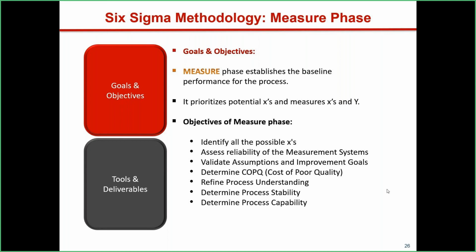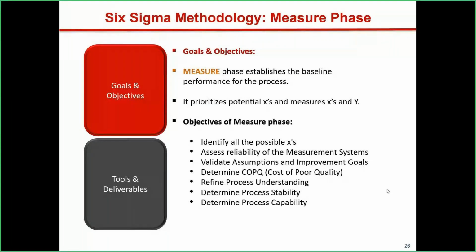Is your process stable? Say, for example, I have a car. If I drive my car for 10 kilometers for 10 days, I will get the same kind of feeling on the 11th day as well, or on the 30th day as well.